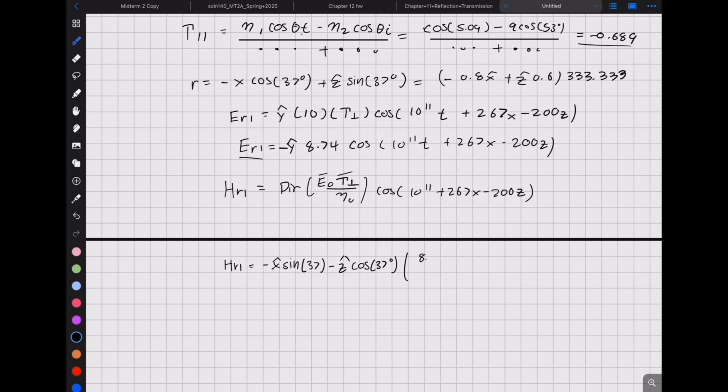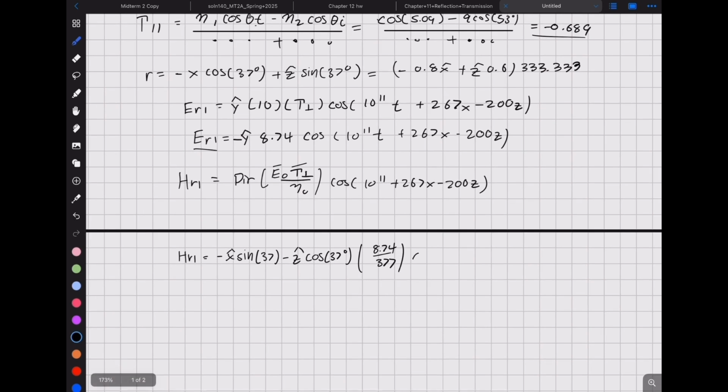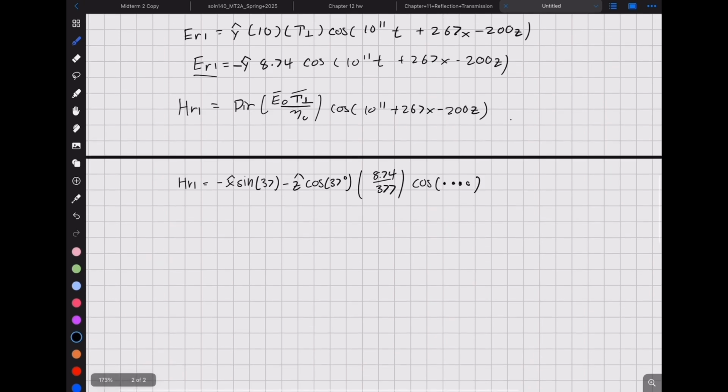So 8.74 over 377. And cosine of the same stuff, because it's all in phase. We're going to get negative x 0.6 minus z hat 0.8 times 8.74 over 377 cosine.